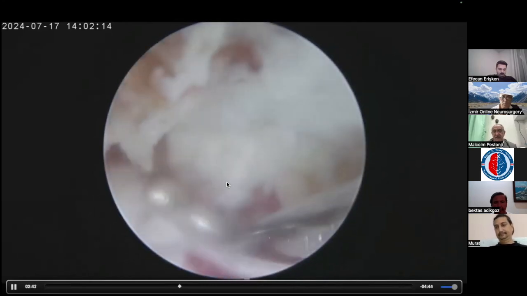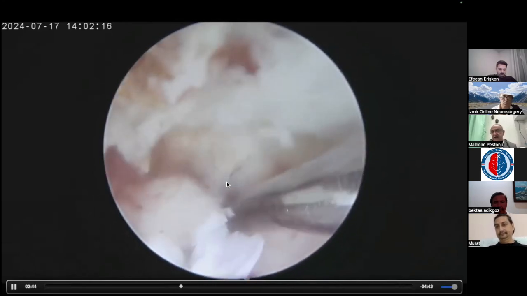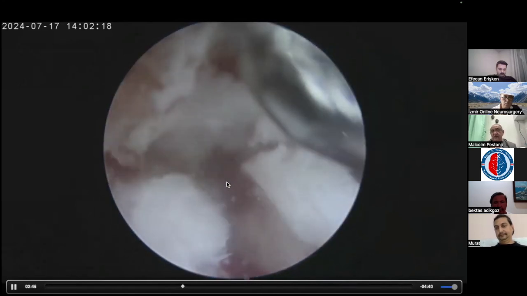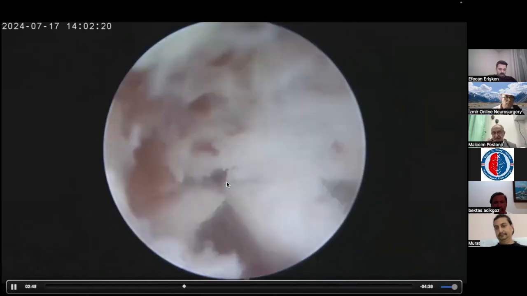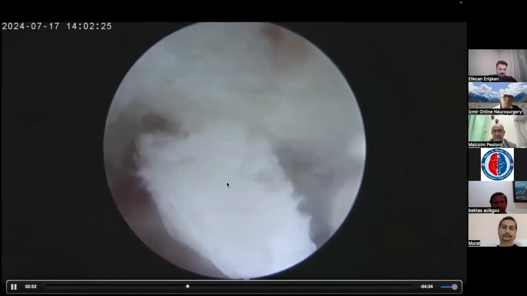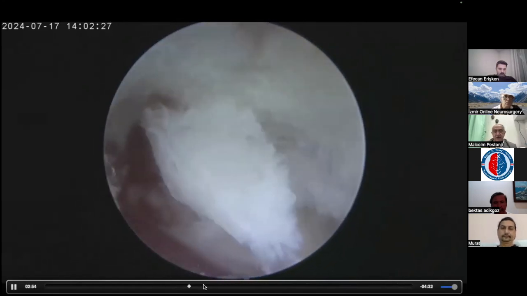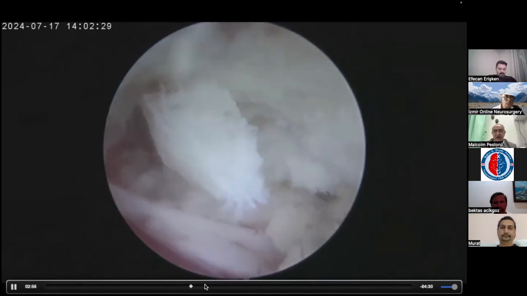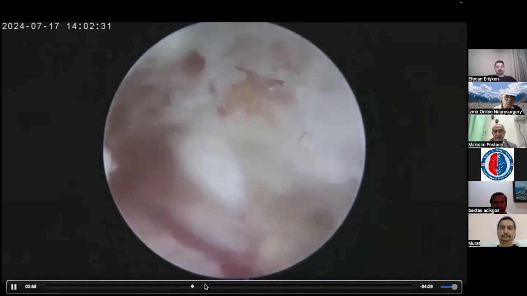Now move that piece of calcified flavum onto the cord. Inside, I pulled it into the canal. There are two pieces there. So slowly, the first piece came out, now the second, then the third.